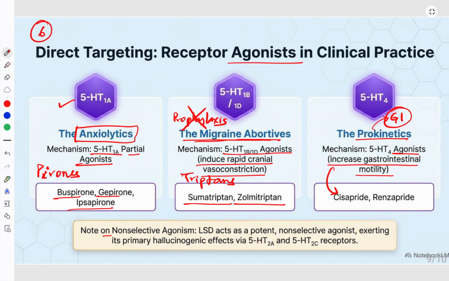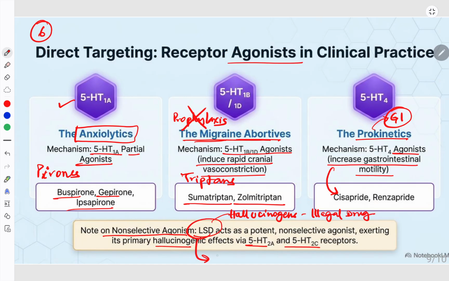There are some non-selective agonists of 5-HT receptors also. They include LSD. They are hallucinogens and they tend to produce their hallucinogenic effect by binding to 5-HT2A and 5-HT2C receptors. These are illegal drugs.